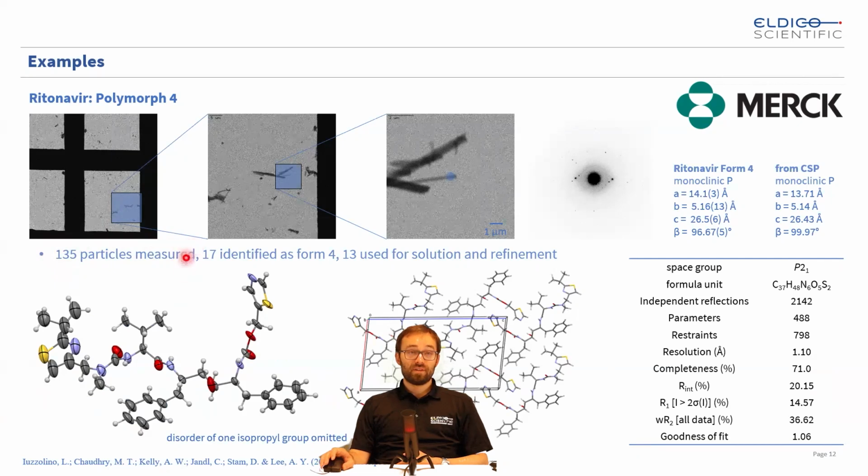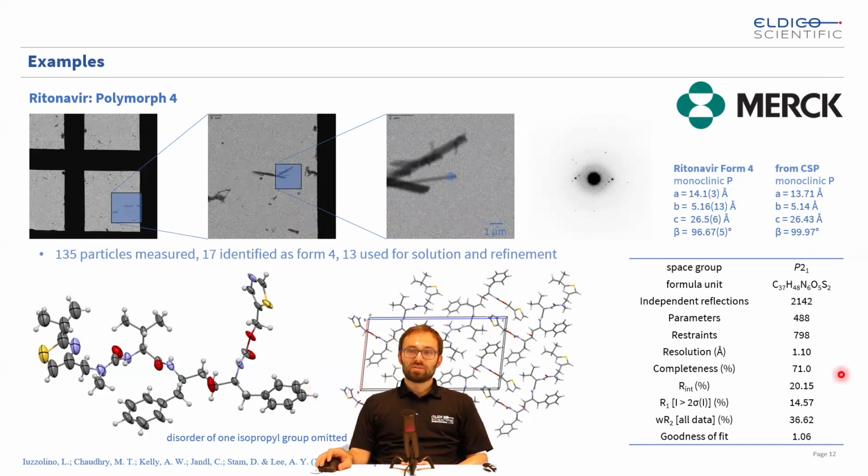Of these 133 particles, we could only identify 17 as the desired form 4, and 13 of these had a suitable quality to be used in structure solution and refinement. We could indeed get the structure. If we compare our unit cell with the one predicted by CSP, we see a reasonable agreement. It's not perfect, so especially the beta angle has some deviations from the prediction.